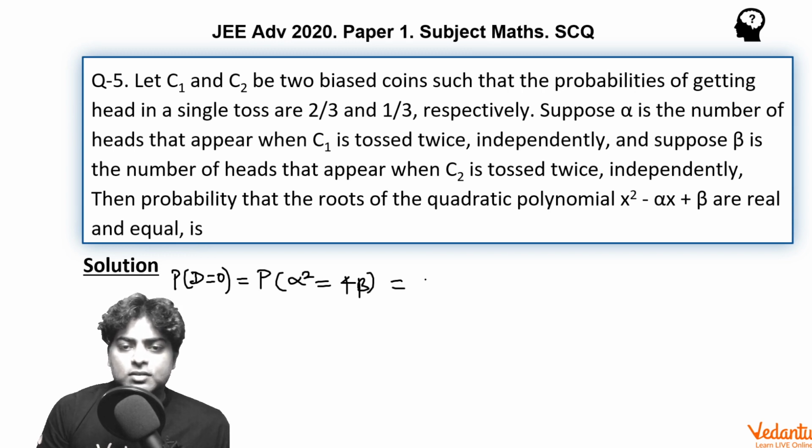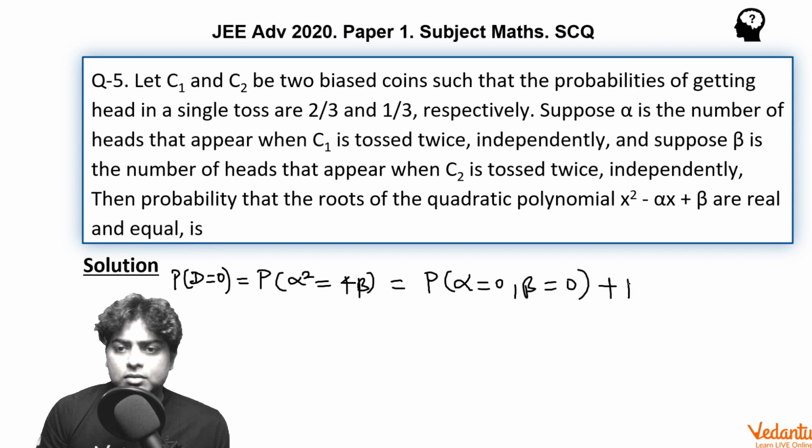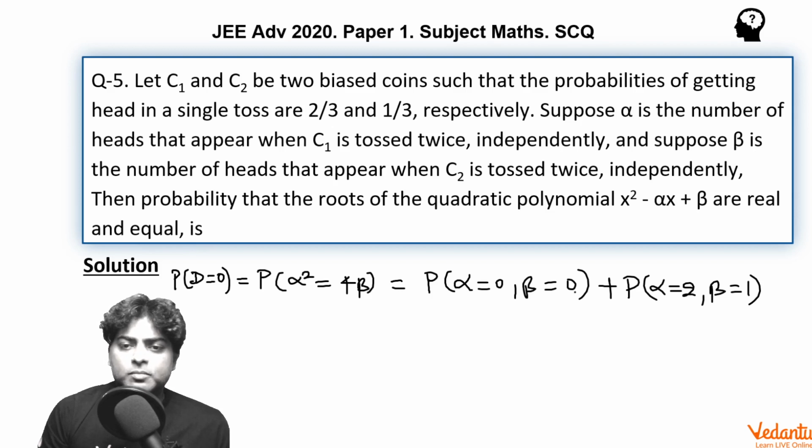So you can write it as two cases: alpha equal to 0, beta equal to 0, or the second case, alpha is 2, beta is 1, isn't it? According to the total probability theorem, if something can happen due to more than one reason, we add the probabilities.